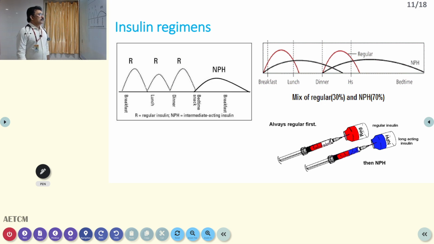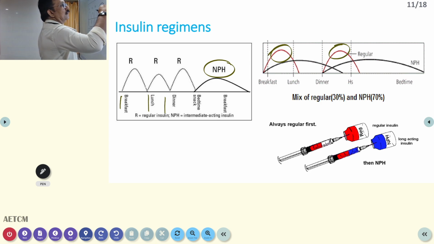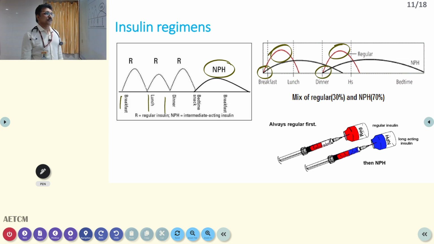Now this type of regimen we have already seen: regular insulin before breakfast, lunch, dinner, and at night time you give only NPH. That is a different type of regimen, where you are giving NPH only at night time. Or, like we previously discussed, mixed insulin given 2 times. That is also possible, 30 and 70%.